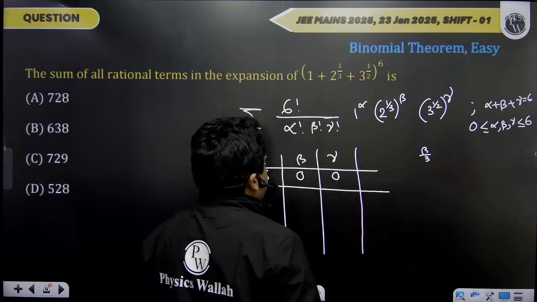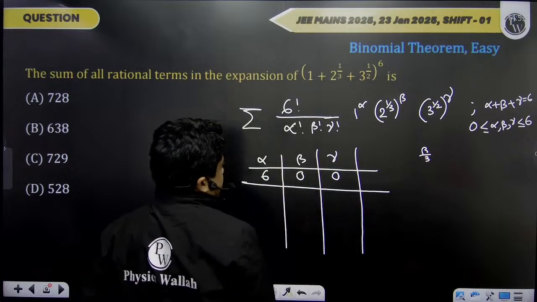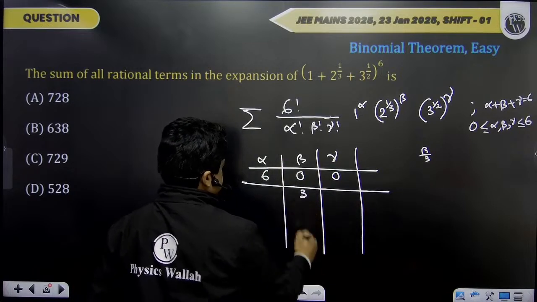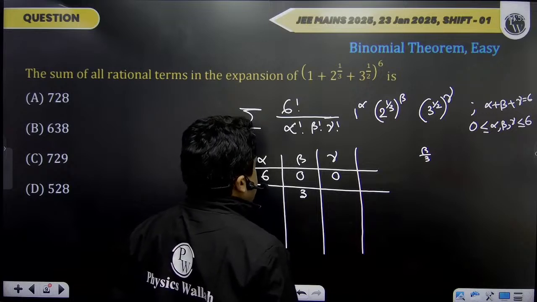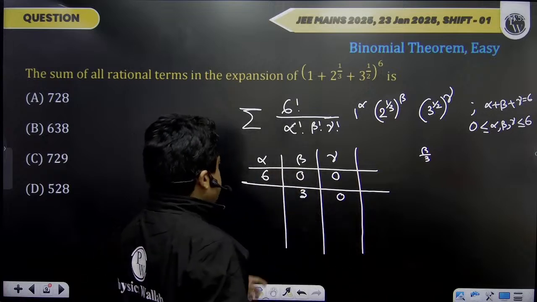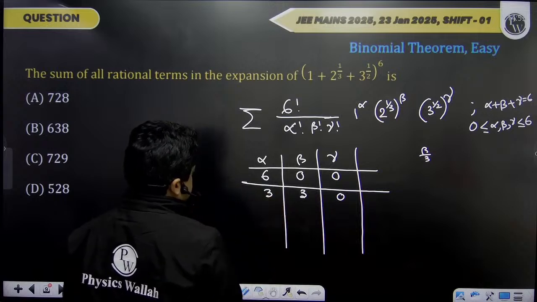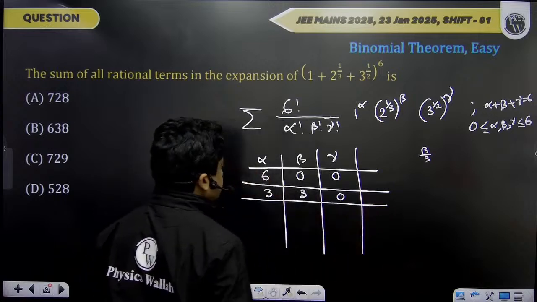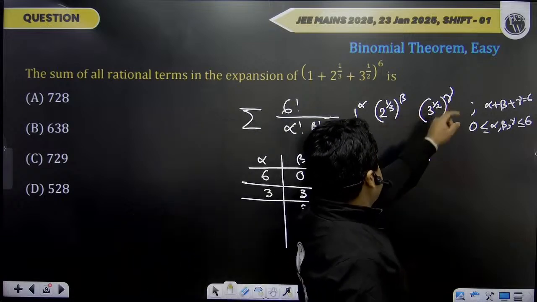Alright. Now let's say I'm taking beta's multiple. Let's say I'm taking it as 3. So if I take beta as 3, then gamma I can take 0. If I take gamma 0, this is 3, then alpha has to be 3. So this is one case. If my beta is 3 and gamma, so gamma should be even.